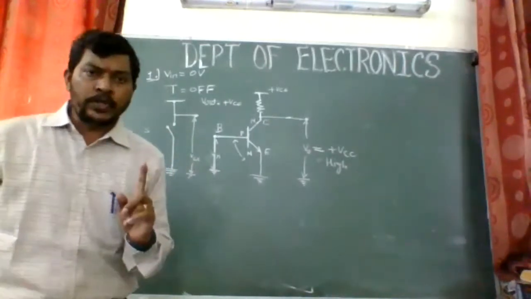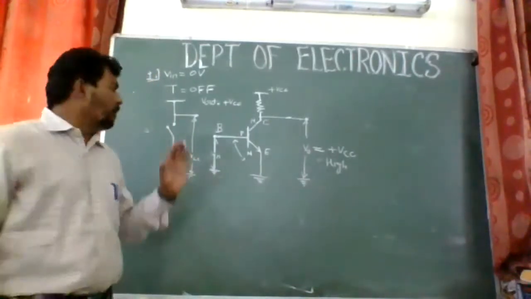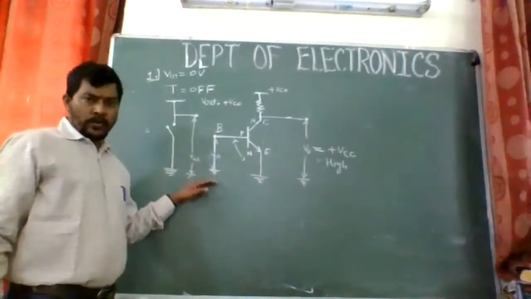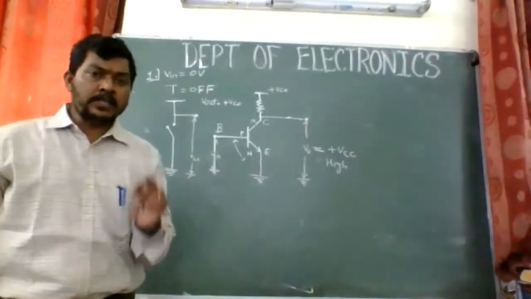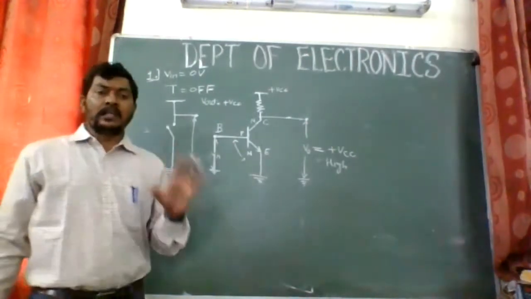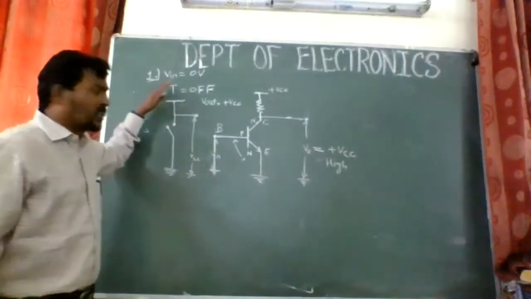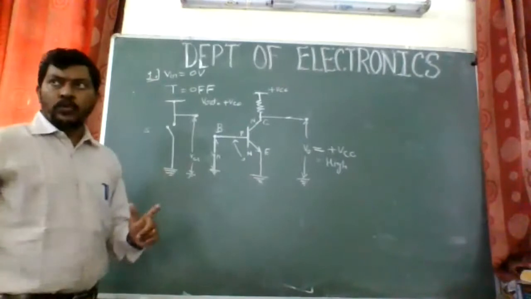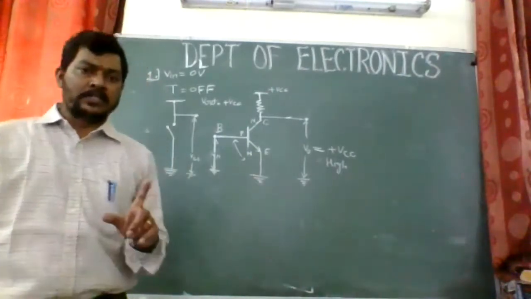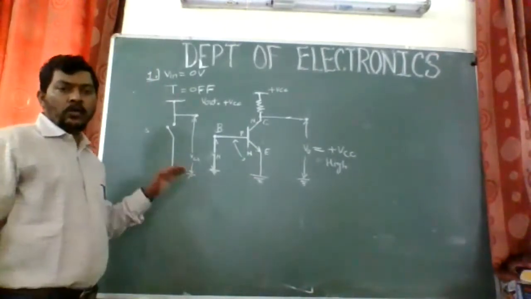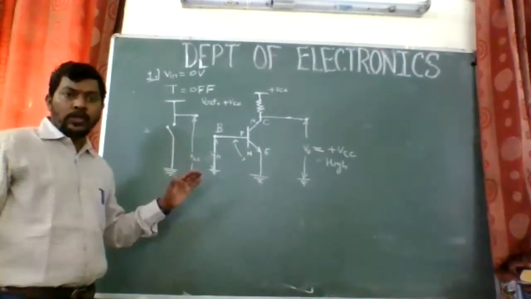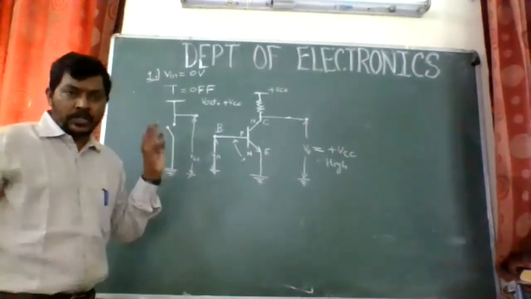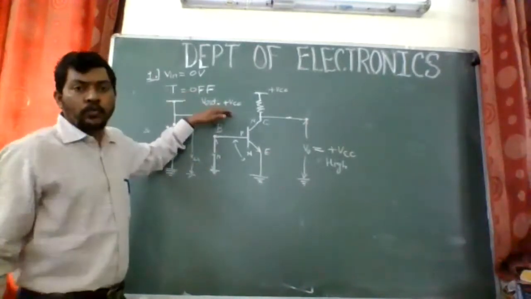We have connected the base of the transistor to ground, and when this base is connected to ground, the transistor does not conduct. So keep these things in mind: whenever the input voltage, that is the base of a transistor, is connected to ground, or to 0 volt, the transistor does not conduct. That means the transistor is off and the output voltage is high.